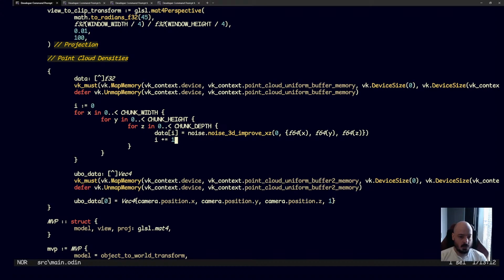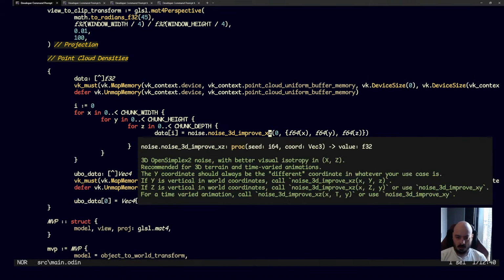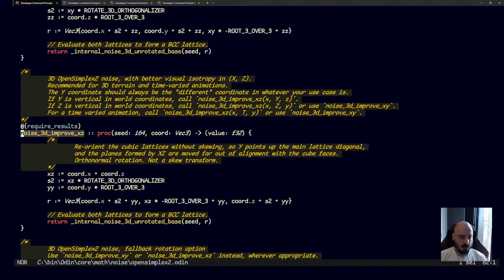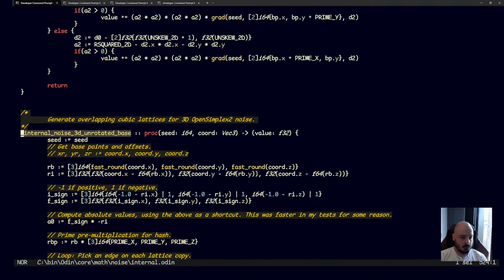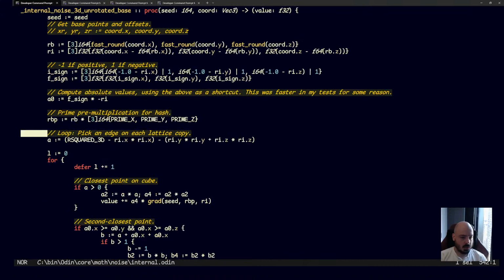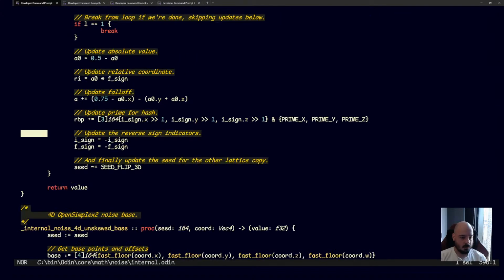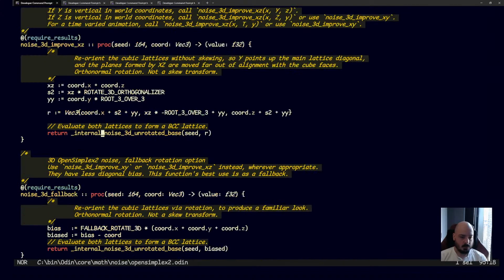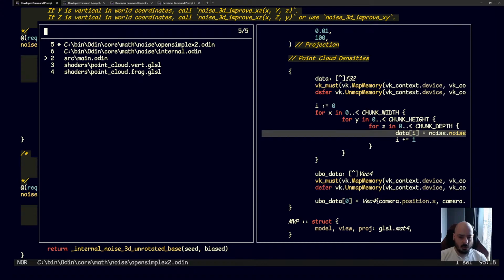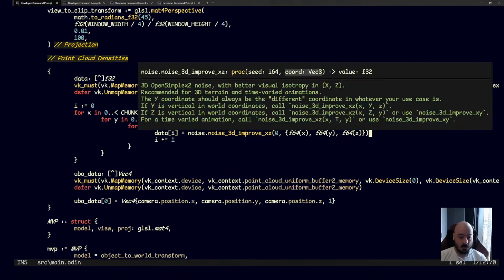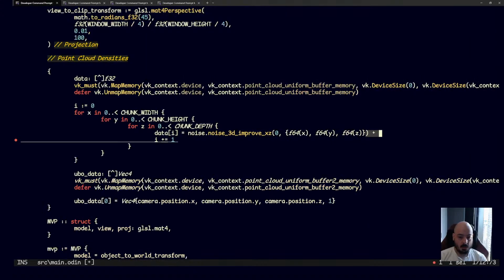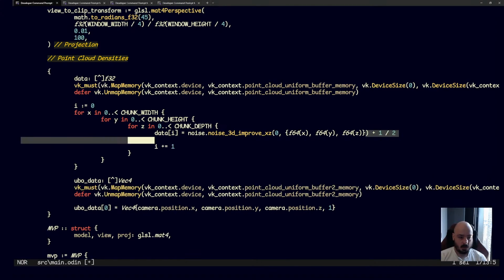But let's have a look. So wait, actually this returns a value between... What is it? Doesn't say. I think it's between -1 and 1. Yeah. So we need to normalize that. So we do +1 divided by 2, right?